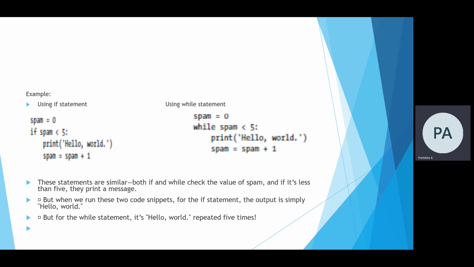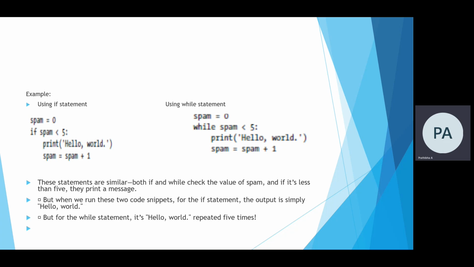But using a while statement, while spam is less than 5, you are printing hello world more than once, because a while statement is used for repeated execution of the same statement till the condition becomes false. If the condition is true, you again execute the same statement. Like that, you repeatedly execute this.